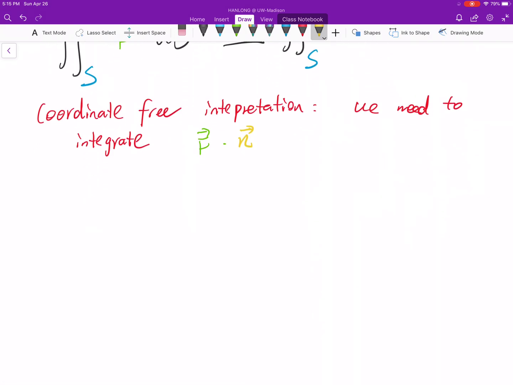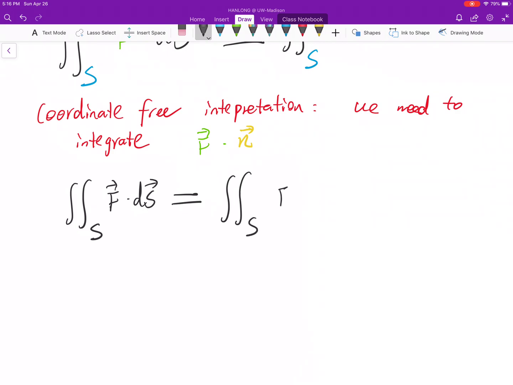Okay, then very roughly, but this is true, we can define the integral of vector fields along some surface as the surface integral of the dot product between the vector field F and the normal direction n, and then do the surface integral of functions. Now this is a scalar function.